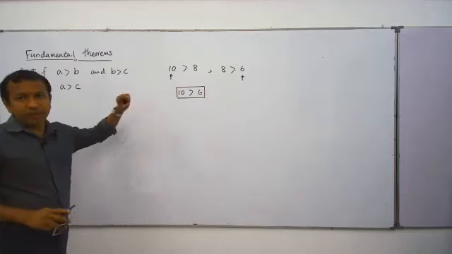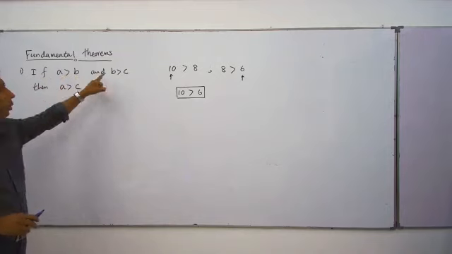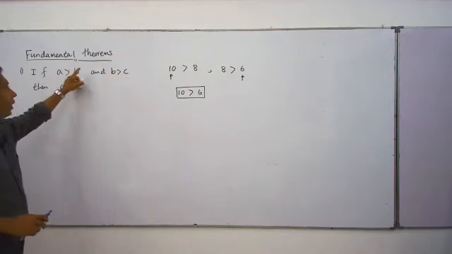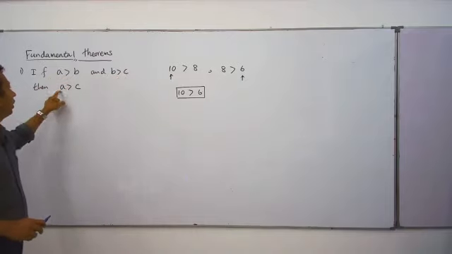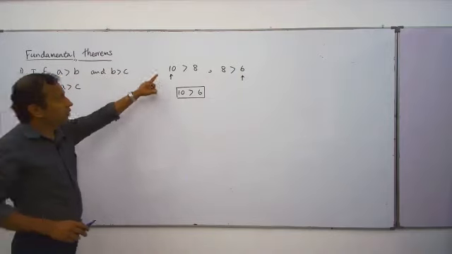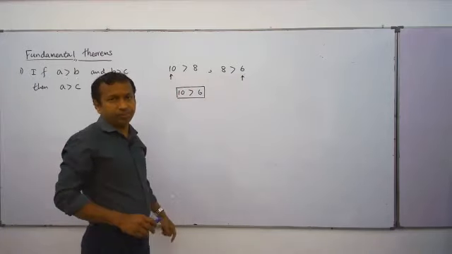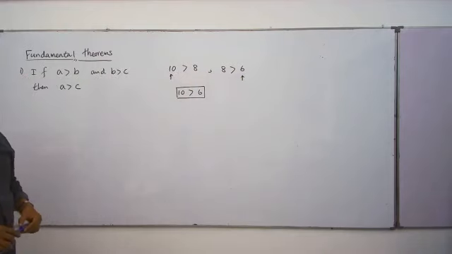This fundamental theorem states: A greater than B, B greater than C, then A greater than C. A is this one, C is this one. Here, 10 greater than 8, 8 greater than 6, then 10 greater than 6. This is a well known thing.